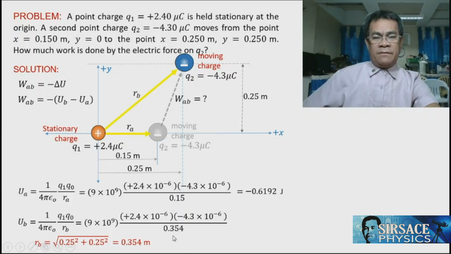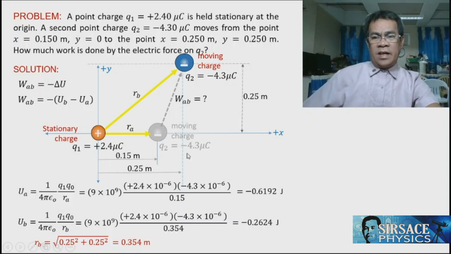So calculating the result, this will give negative 0.2624 joules. Negative again because this is negative and this is also negative.